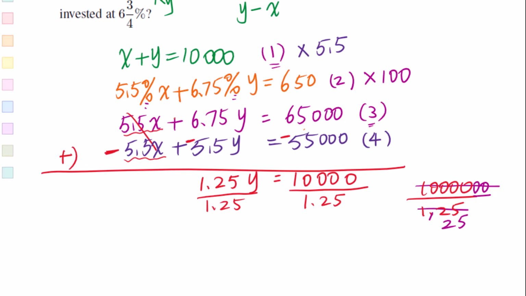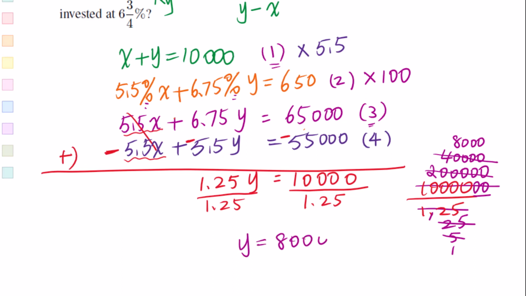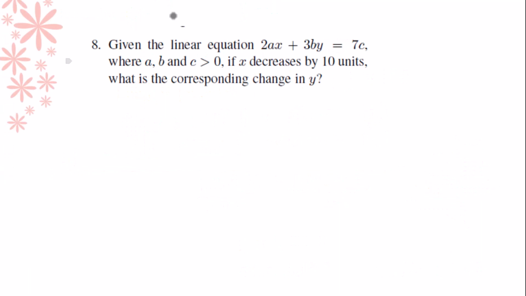Reduce by 5 again. So y equals 8,000. Then we know x equals 2,000. Therefore, y minus x equals 6,000. Let's go to number 8.